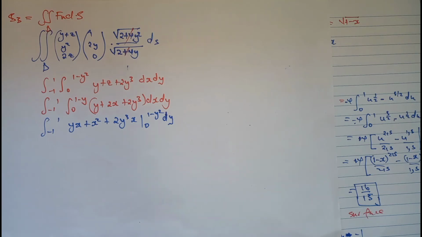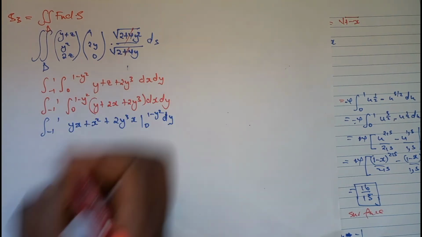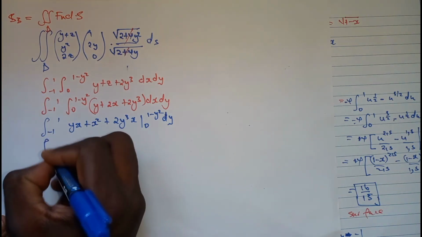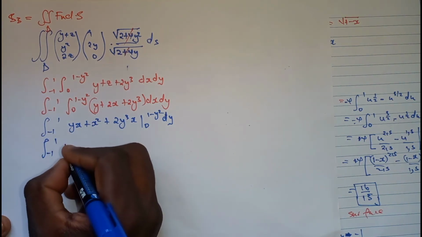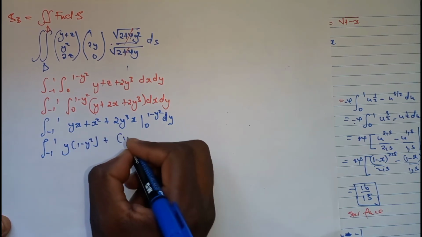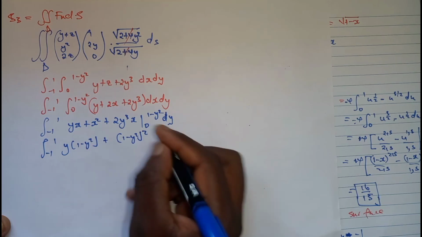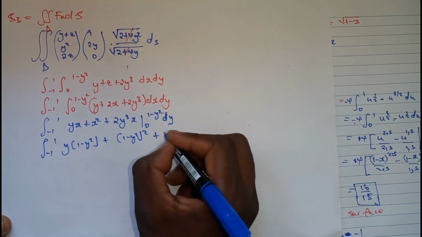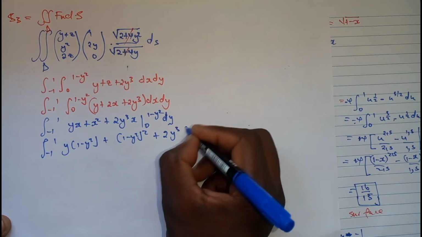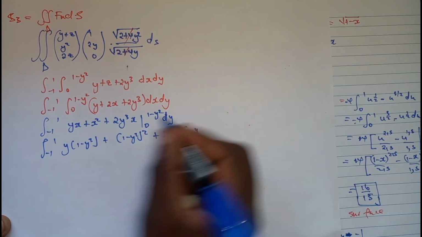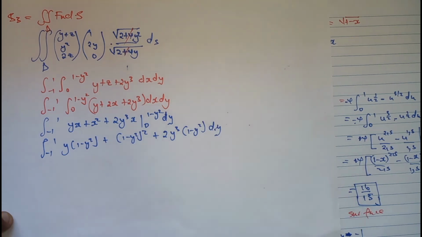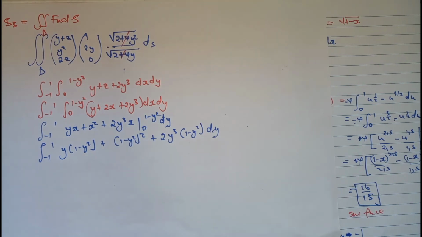So from negative 1 to 1, we have y times (1 minus y squared) plus (1 minus y squared) to the power 2 plus 2y to the power 3 times (1 minus y squared) dy.